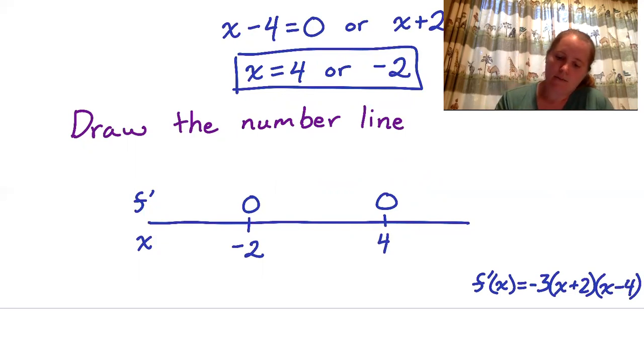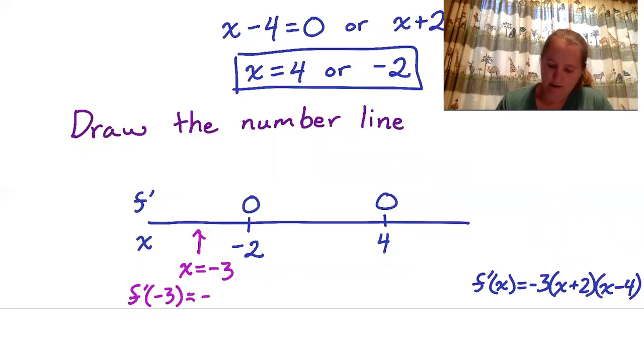If I do my test points, if I pick something over here, say x equals negative 3, then f prime of negative 3 is going to be negative. The negative 3 is negative, and then negative 3 plus 2 is negative, and negative 3 minus 4 is negative.